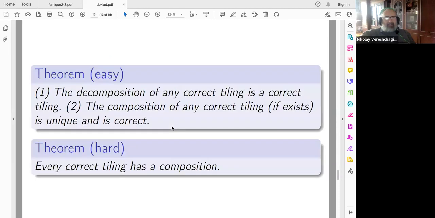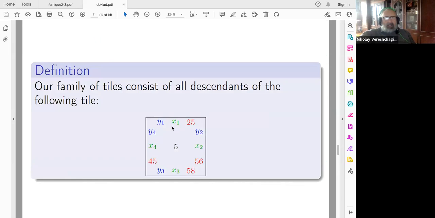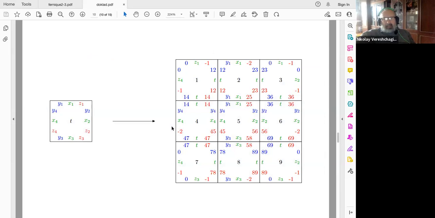Now we have the second item of the easy theorem. The composition of any correct tiling, if it exists, is unique and is correct. And why is it unique?